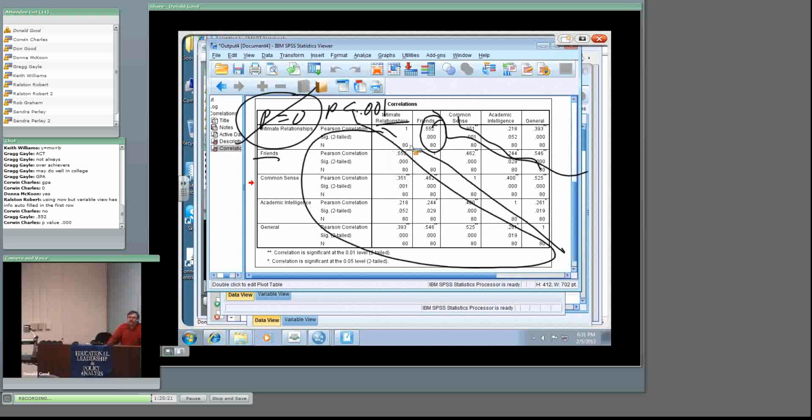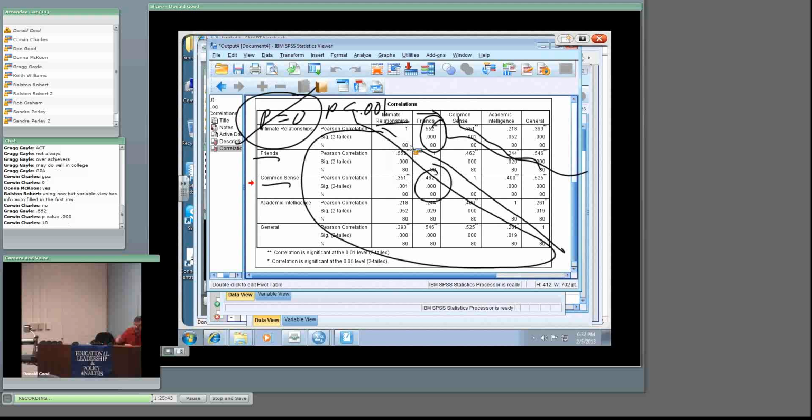How many possible combinations of pairs of these 5 variables do we have here? 10. We got 10. Each little box, that lower triangle, means a different correlation. For example, the correlation between common sense and friends is here. 0.462, also highly significant. Strong positive correlation.